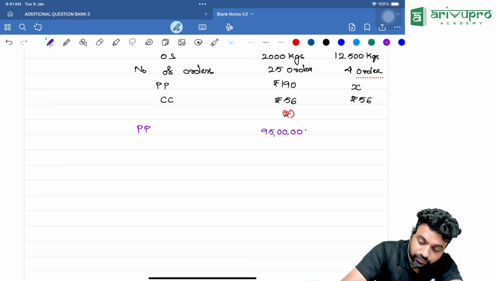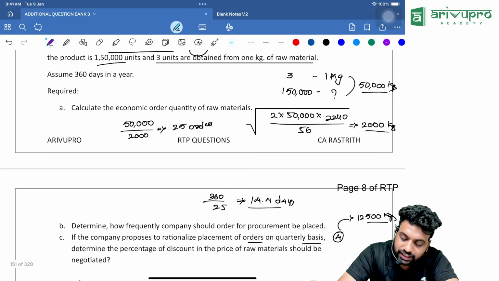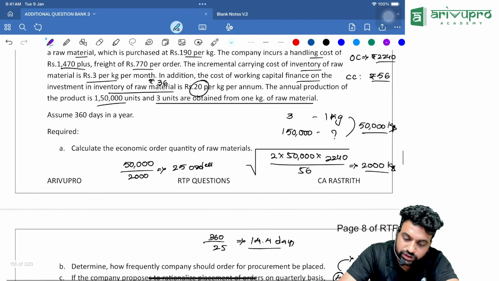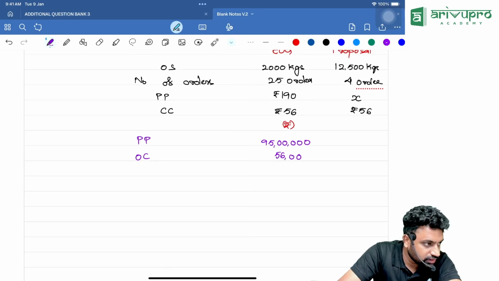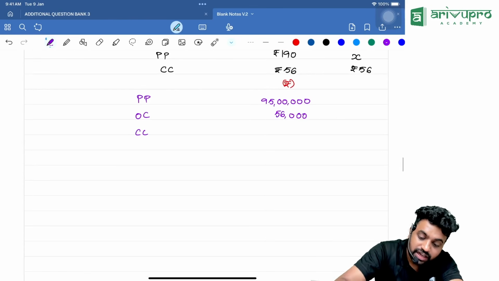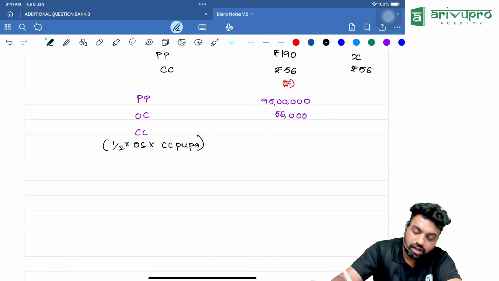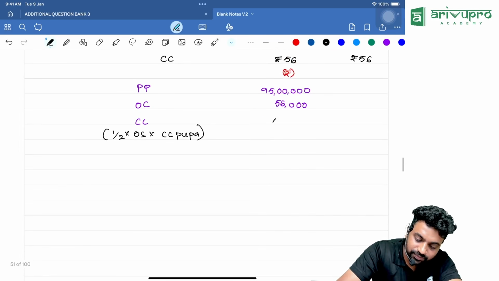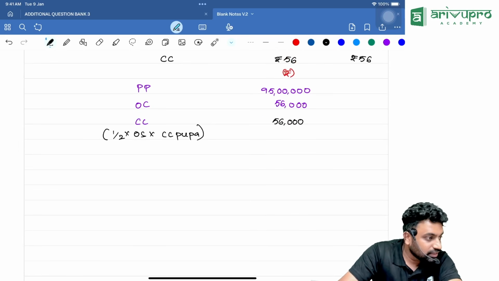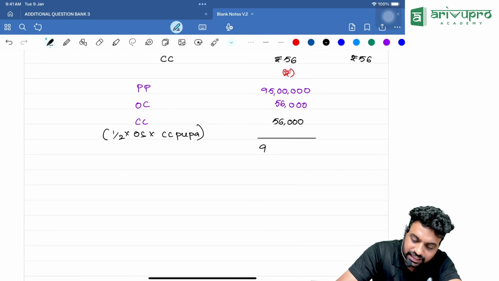Ordering cost: you have to place 25 orders, each order will cost you 2,240 rupees, that is 56,000. Next, carrying cost will be half of your order size into carrying cost per unit per annum. Half of order size is 1,000. 1,000 into 56 is 56,000. Now your cost under EOQ is 96 lakh 12,000.